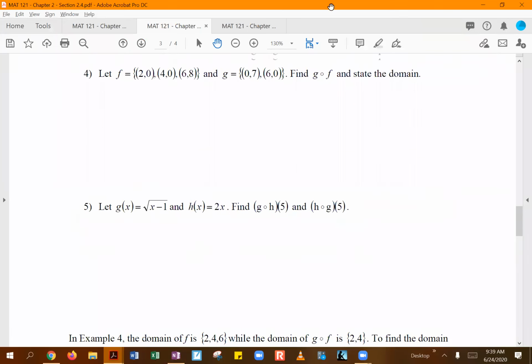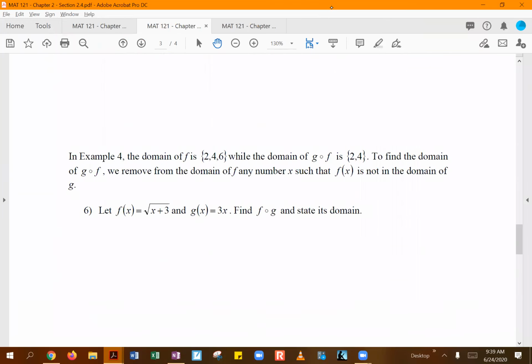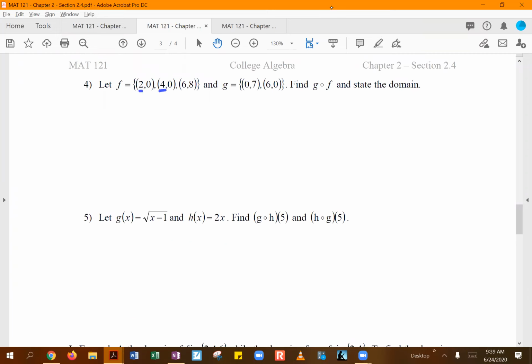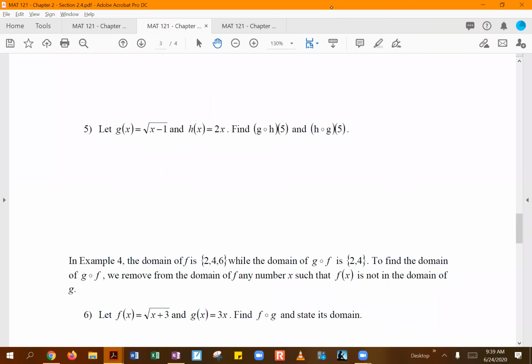They're actually talking about example 4, which is this one here with the set of ordered pairs. They're saying the domain for the f function is 2, 4, and 6. And they're saying the domain for the composition g of f came out to be 2 and 4.